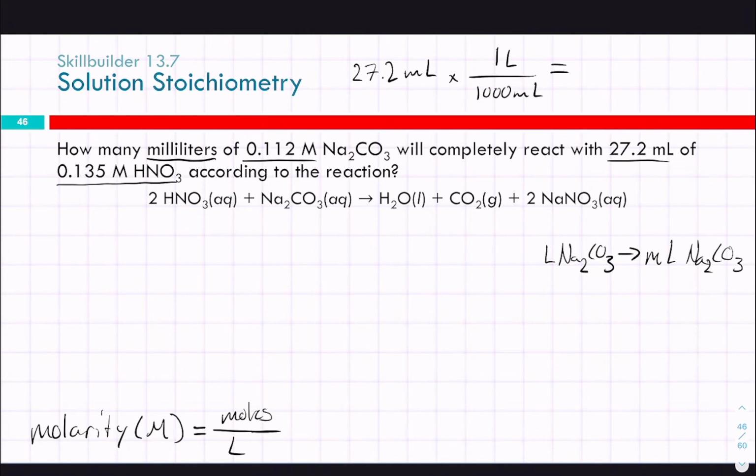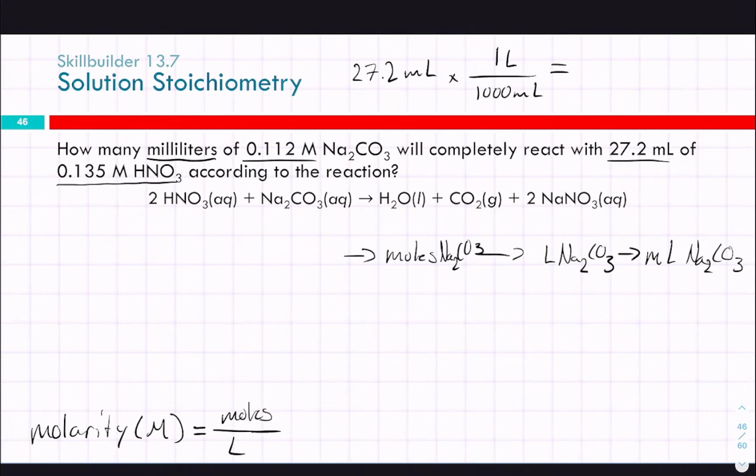The ratio? The ratio is part of it, yes. We do need the ratio. But the ratio helps us to get what? Moles, right? We need to know how many moles of sodium carbonate there are.